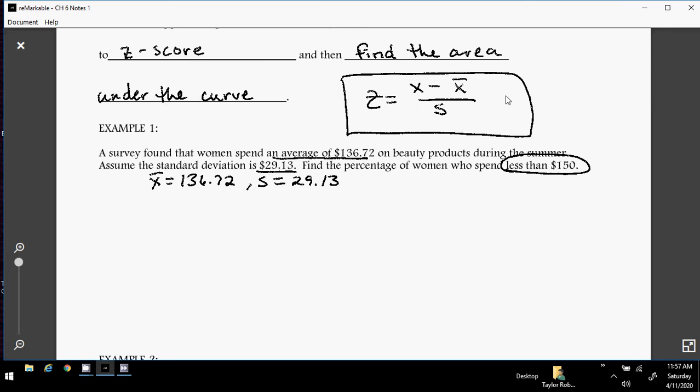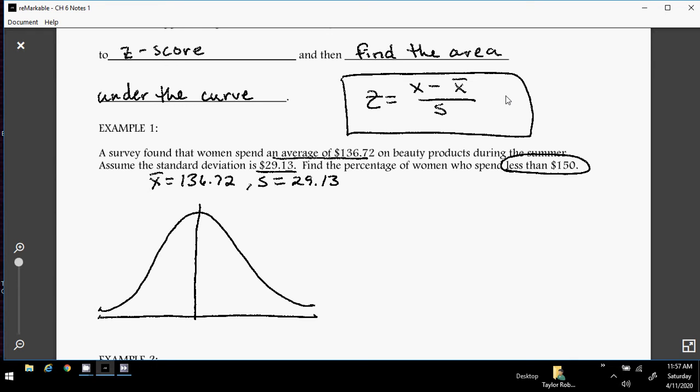Alright, so we're going to start with a bell curve. First step, draw a bell curve. What goes in the middle of the bell curve? That's our x bar, which is our average. In this case, it's not 0. It told us our average is 136.72, so I'm going to put that in the middle.